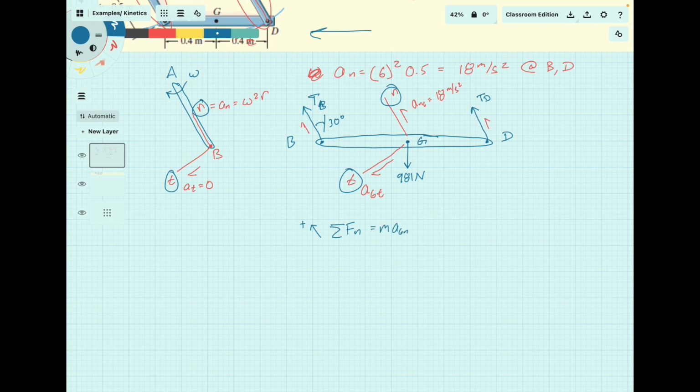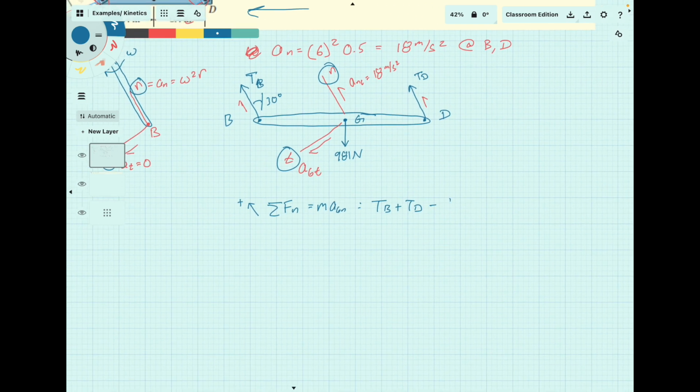So here we've got forces TB and TD, and then the weight component in the normal direction, which is 981 times the cosine of 30. That's going to be equal to mass times acceleration, which in the normal direction we found to be 18.